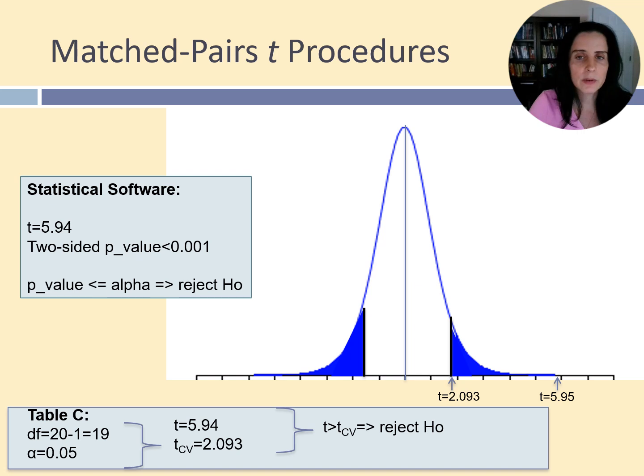If we use the table of t-critical values instead of software, then we first have to find out the critical value of t. For 19 degrees of freedom and a two-sided alpha of 0.05, the critical value is 2.093. The test statistic, which is 5.94, is larger than the critical value, so we can reject the null hypothesis.